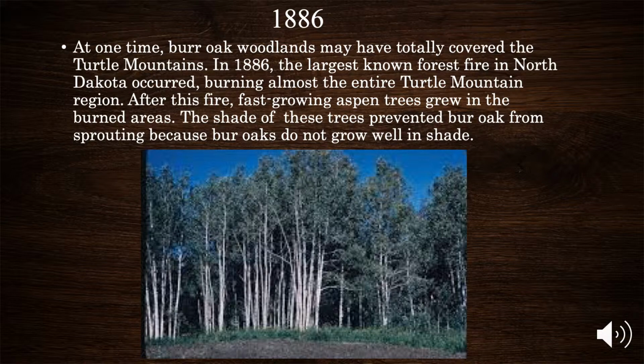After the fire, fast-growing aspen trees grew in the burned areas. The shade of these trees prevented bur oak from sprouting because bur oak does not grow well in the shade.